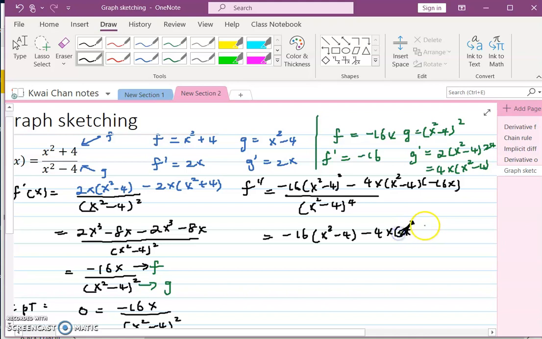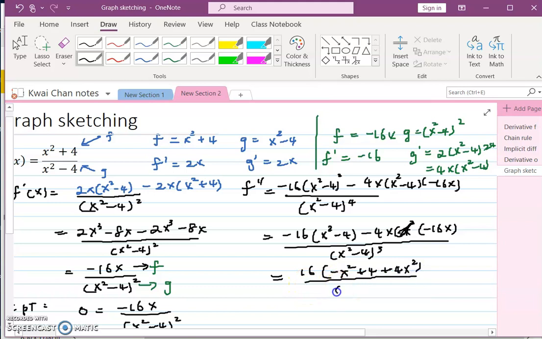Okay, the x squared minus 4 cancels, so we will say negative 16 all over (x squared minus 4) cubed. And then I'll factor the 16 out.